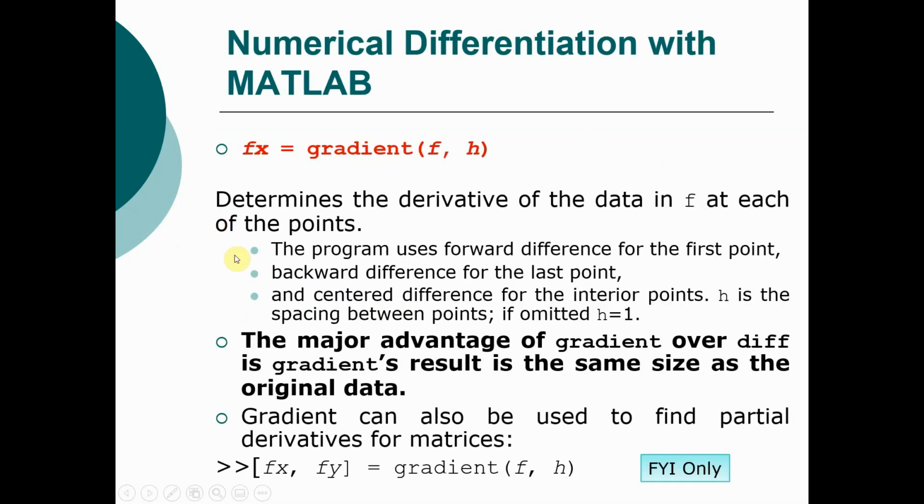So it applies forward difference on the first point, backward difference on the last point, and center difference on all the inner points. That's how it would calculate the derivative of a function.